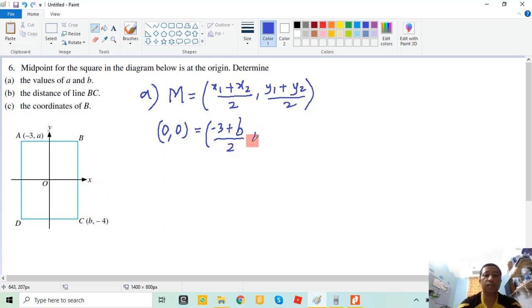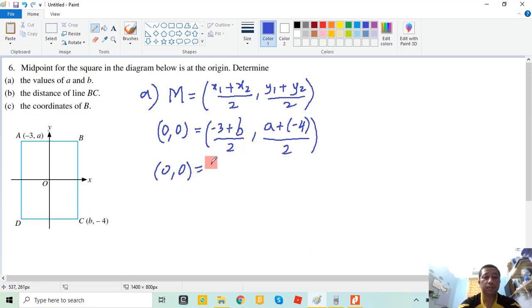Divide 2. And then y1 is from point A. This one, you write as A. Plus y2 is this one, negative 4. So I put negative 4. Or you can write as A minus 4. Divide 2. Okay, so let's write here. Maybe I write again 0, 0.